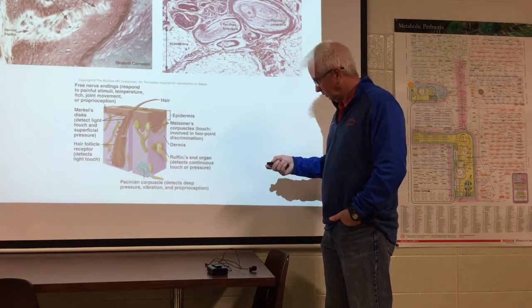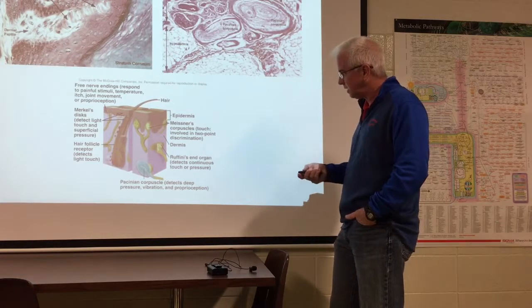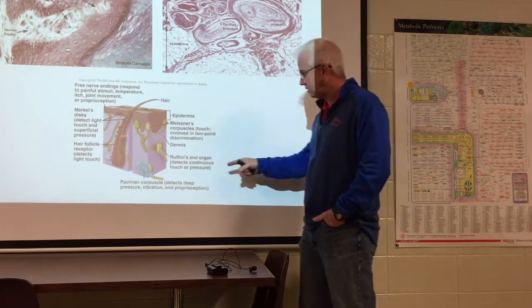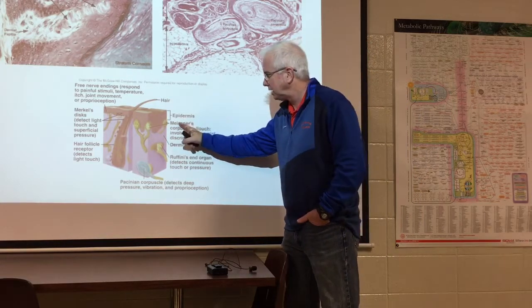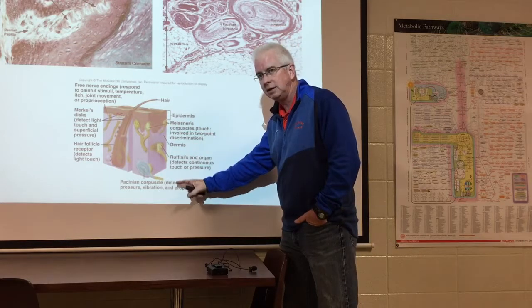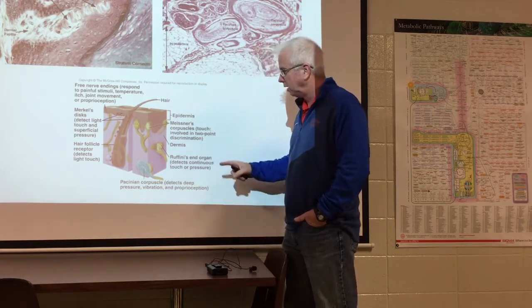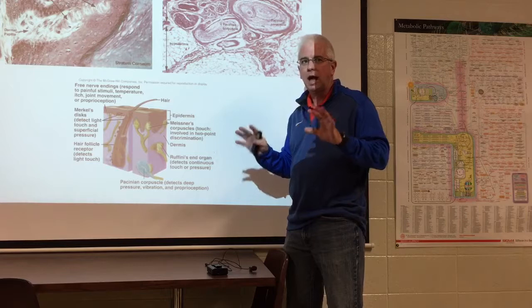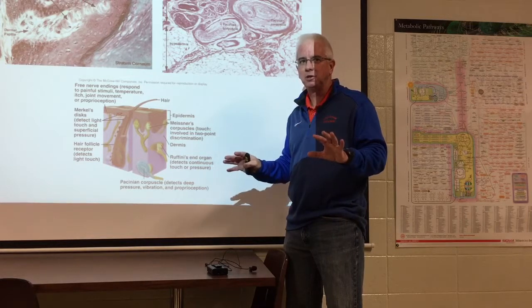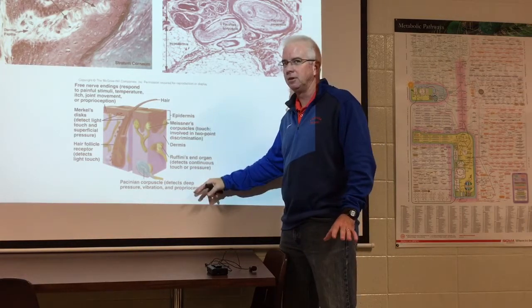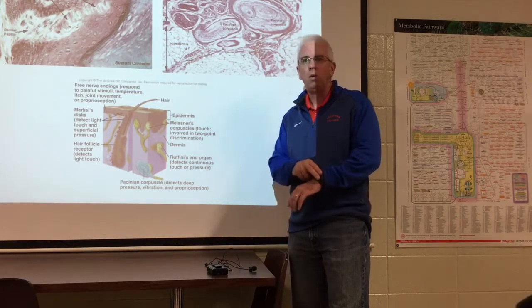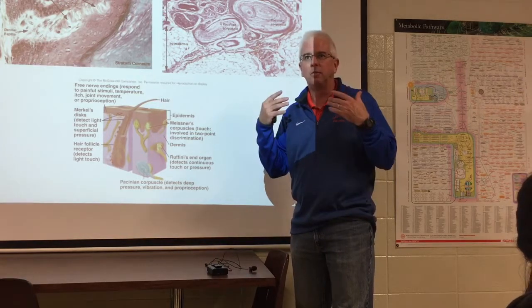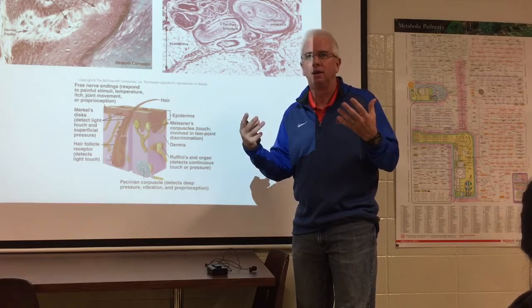These Ruffini corpuscles, or Ruffini end organs, detect continuous touch or pressure. So, very light touch, Meissner. Very deep touch, Pacinian. Ruffini, how do you continue to get information? The Meissner's and the Pacinian adapt. My watch is on my arm, my glasses are on my head, I forget.